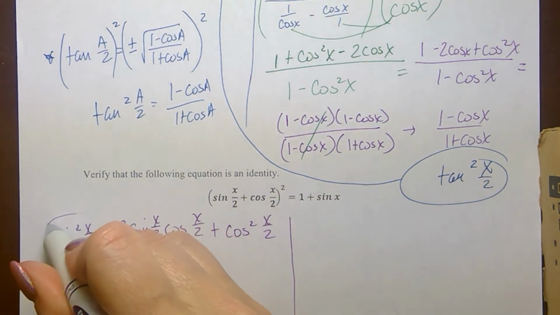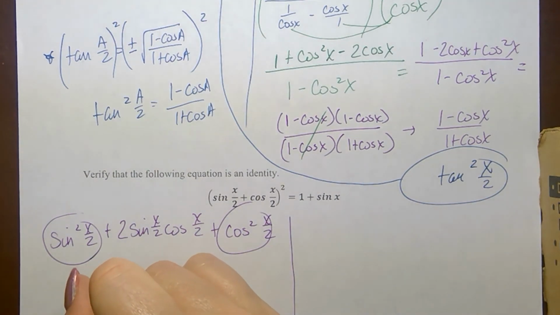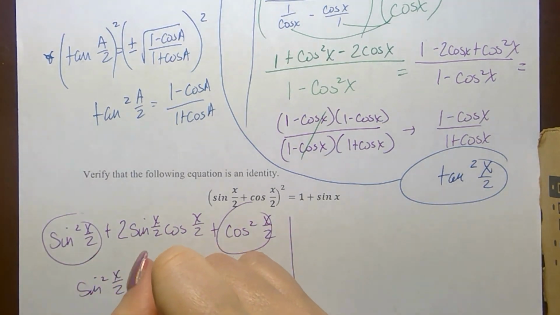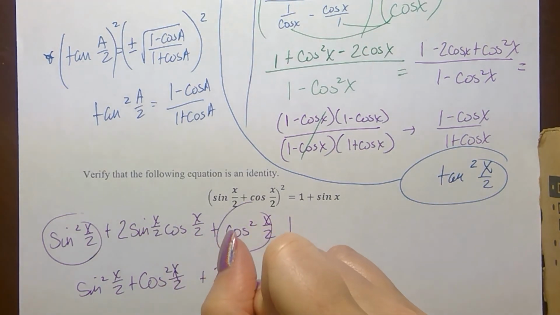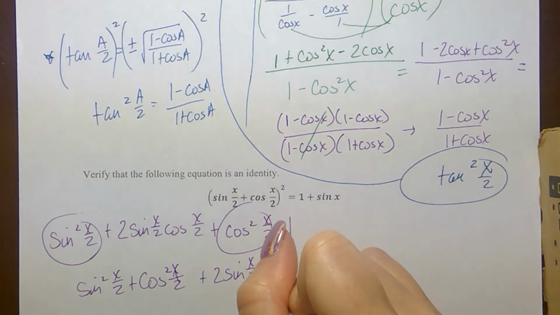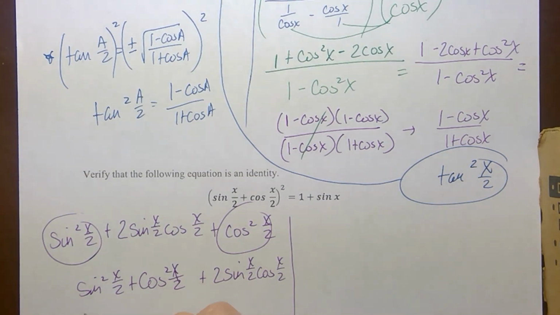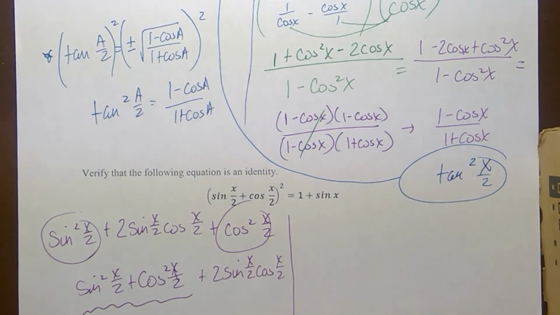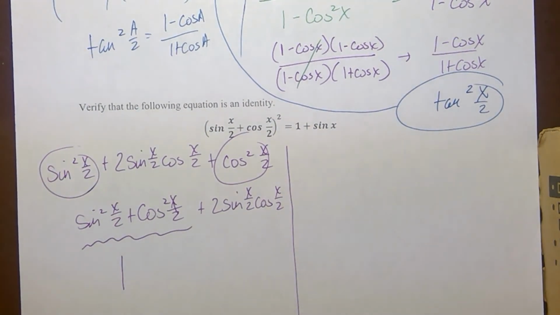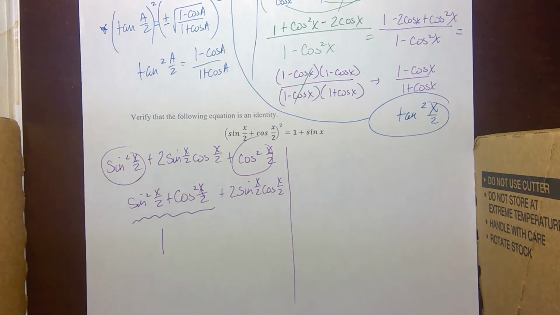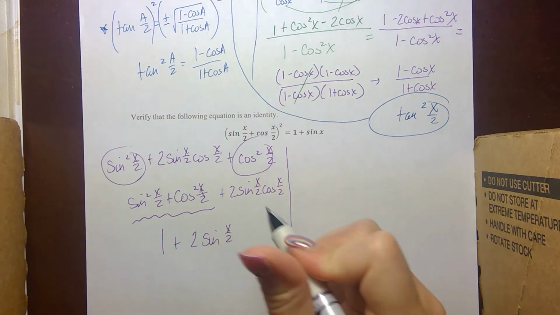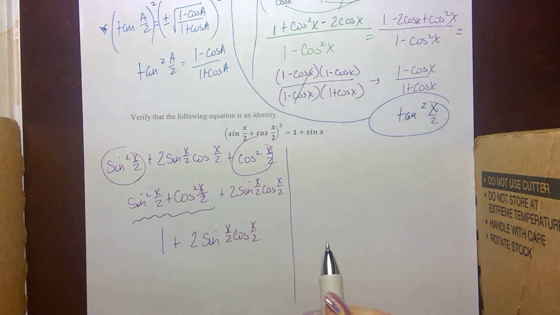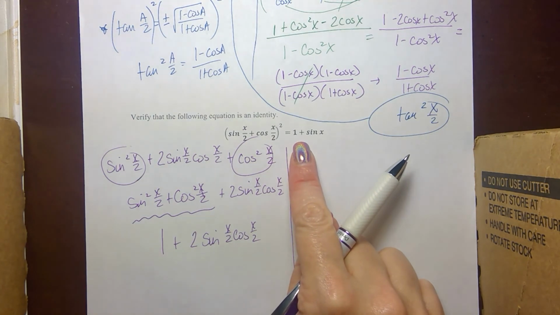If I rearrange this and put this together, sine square x half plus cosine square x half, and then I've got 2 sine x half cosine x half. Sine square x half plus cosine square x half is just 1. That's one of my Pythagorean identities. So I've got 1 plus 2 sine of x half cosine of x half. And what I want to end up with is 1 plus sine x.